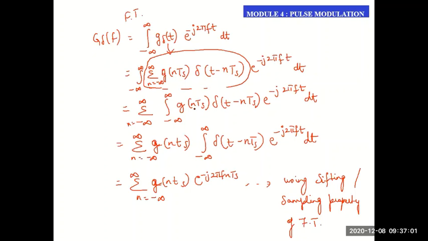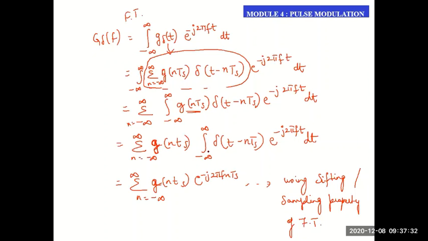This becomes the integral of g(nTs) delta t minus nTs into e power minus j 2 pi ft dt. Now g(nTs) is a constant. We said it is a weighing factor or a constant amplitude, the scaling factor. We'll take it outside the integral because it won't change with integration.